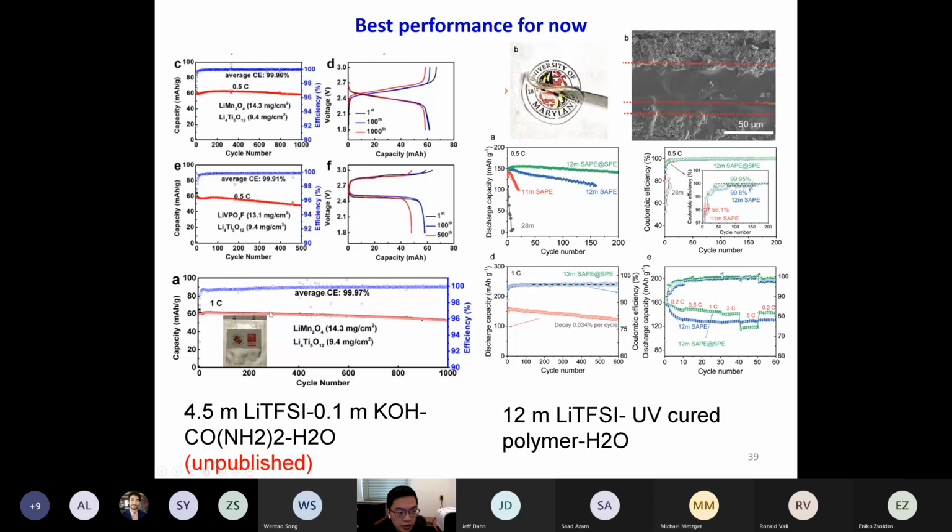In this way, with the aqueous battery with LMO and LTO, which is a 3-volt battery, we can achieve very good cycling performance in a full pouch cell.